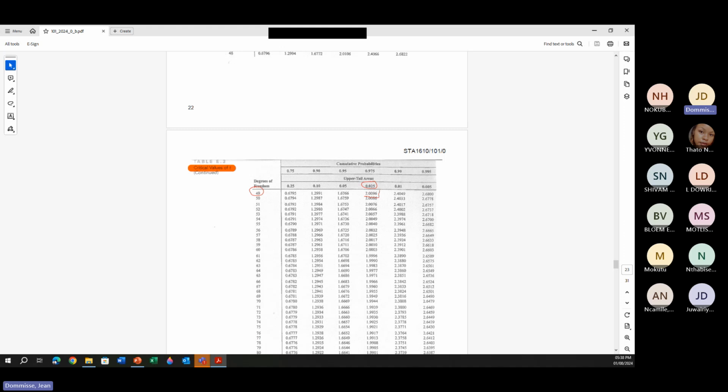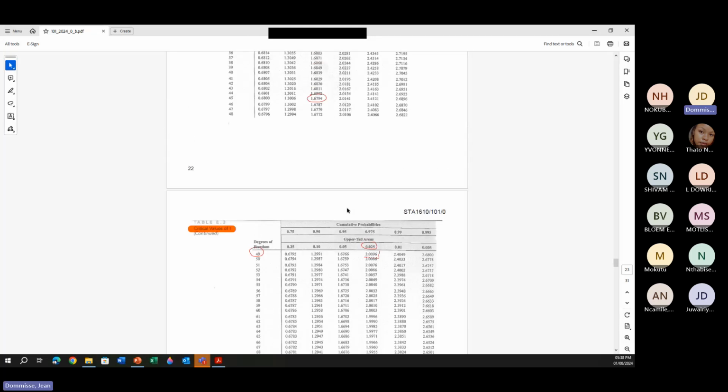Okay, so in your study guide, it is on page 122. What you guys also received is the TAT 101 letter, and in there the tables are as well.